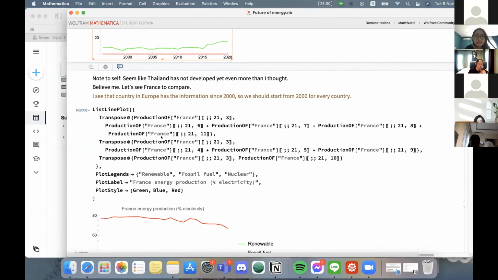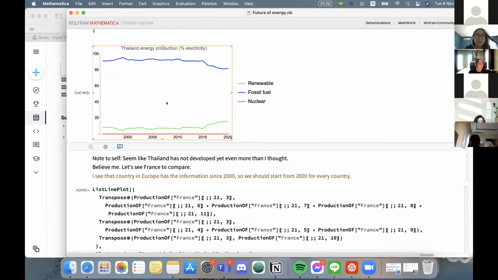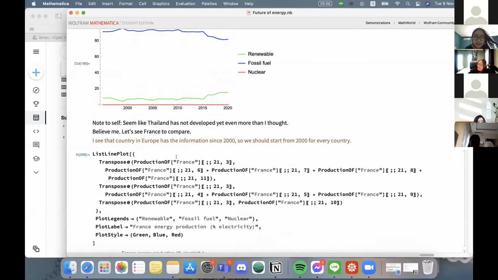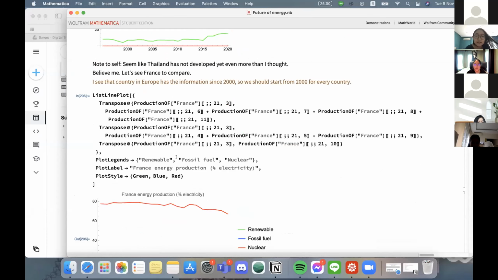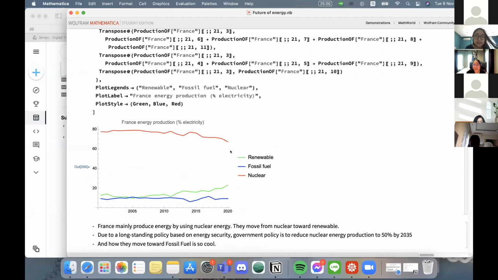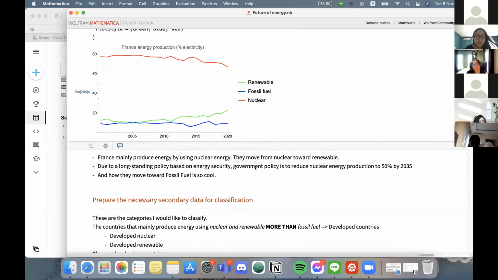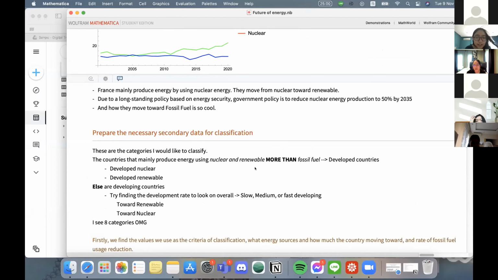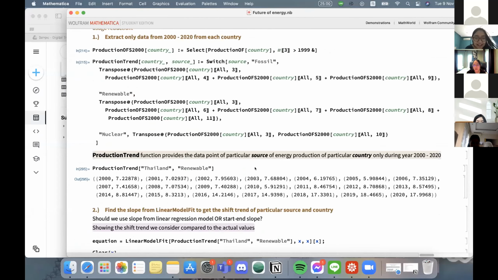Besides Thailand, I picked another country that I had heard uses mostly nuclear energy, and I found it's France. France uses mostly nuclear energy and fossil fuel the least.